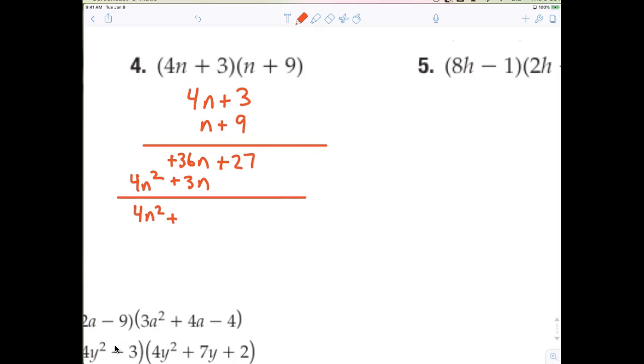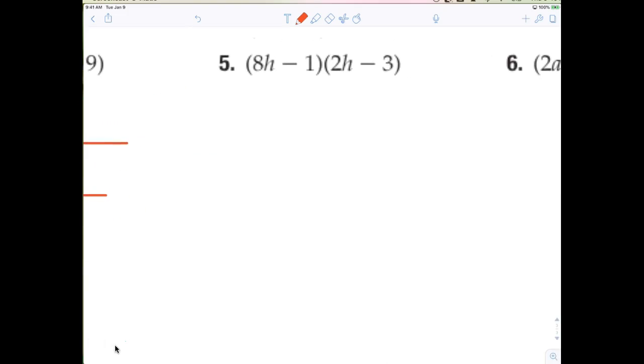The answer is 4n squared plus 39n plus 27. Anybody have any issues? Okay. Number 5. 8h minus 1 times 2h minus 3.